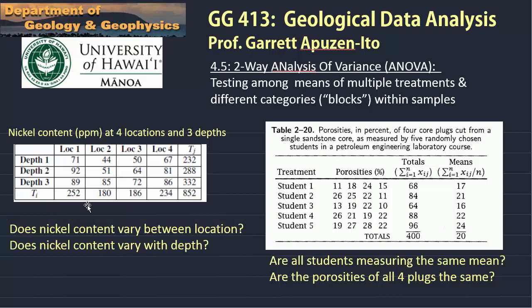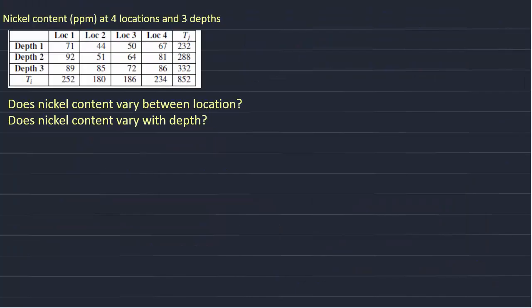So a two-way analysis of variance can be used to determine whether the nickel content varies between locations, as well as whether the nickel content varies with depth. And to do this, we need to separate the variance associated with each source or each difference. So let's consider our nickel content example.